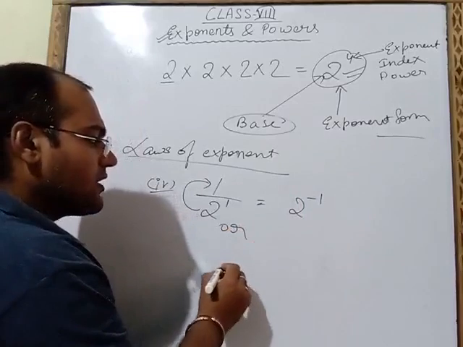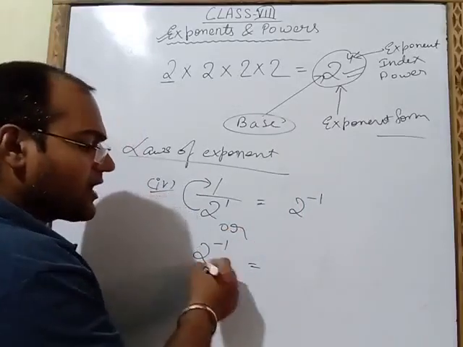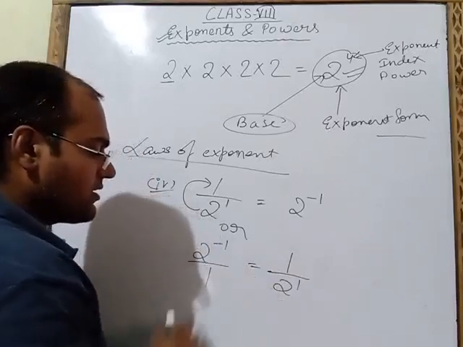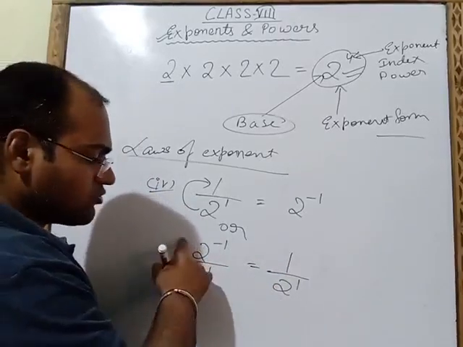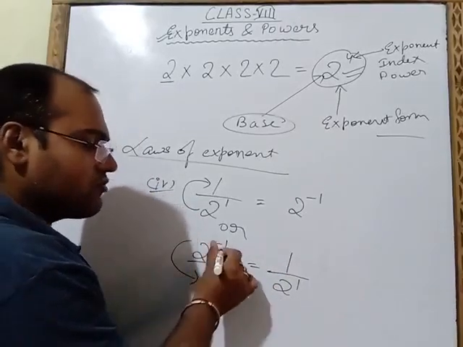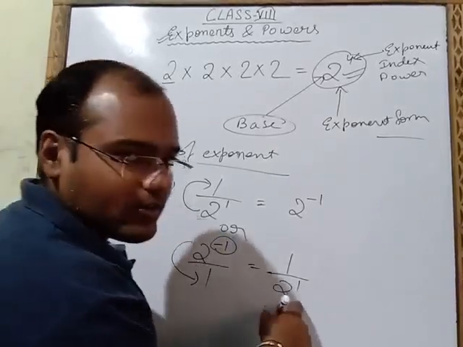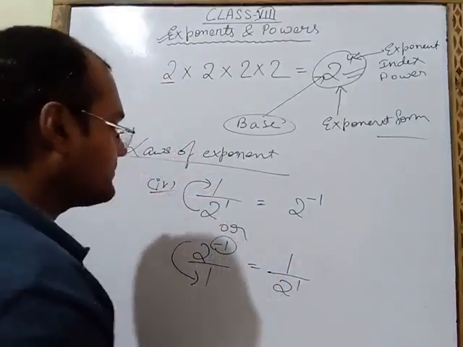Or if 2 raised to the power minus 1 is written, then we can write it like this also: 1 upon 2 raised to the power 1. Earlier, in the denominator what is there? 1. So if we bring this 2 raised to the power minus 1 downside, we have to change the sign of the power. 2 raised to the power minus 1 is written, so we will write it as 2 raised to the power plus 1. So this is the fourth law.